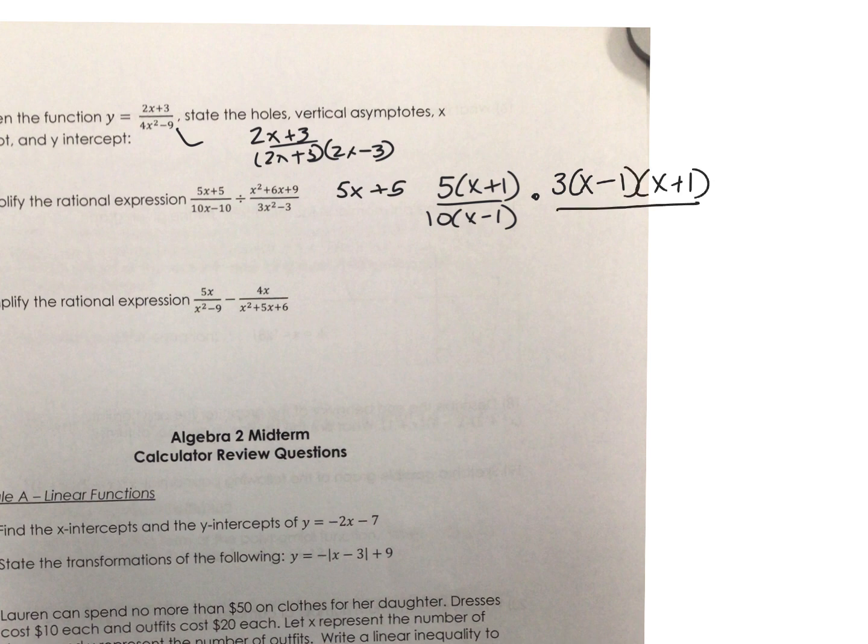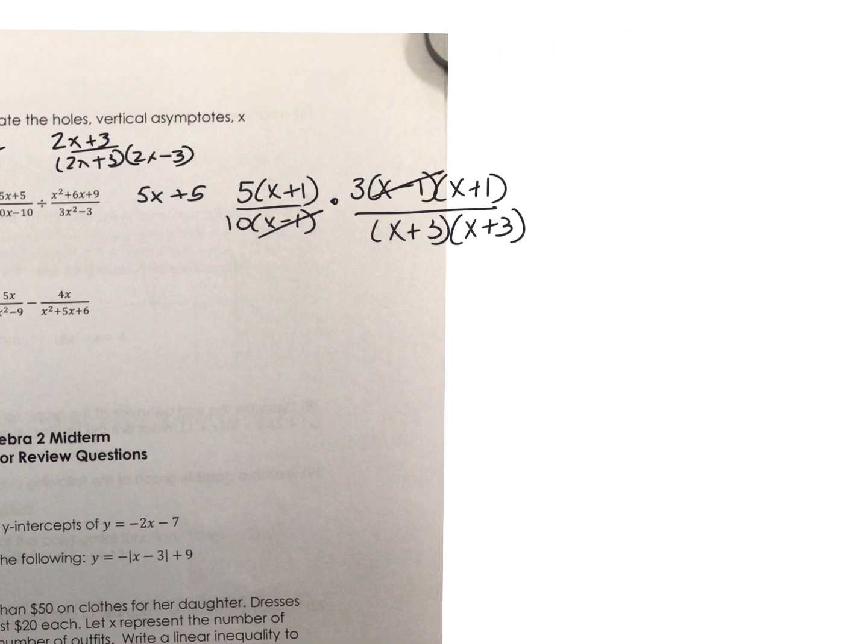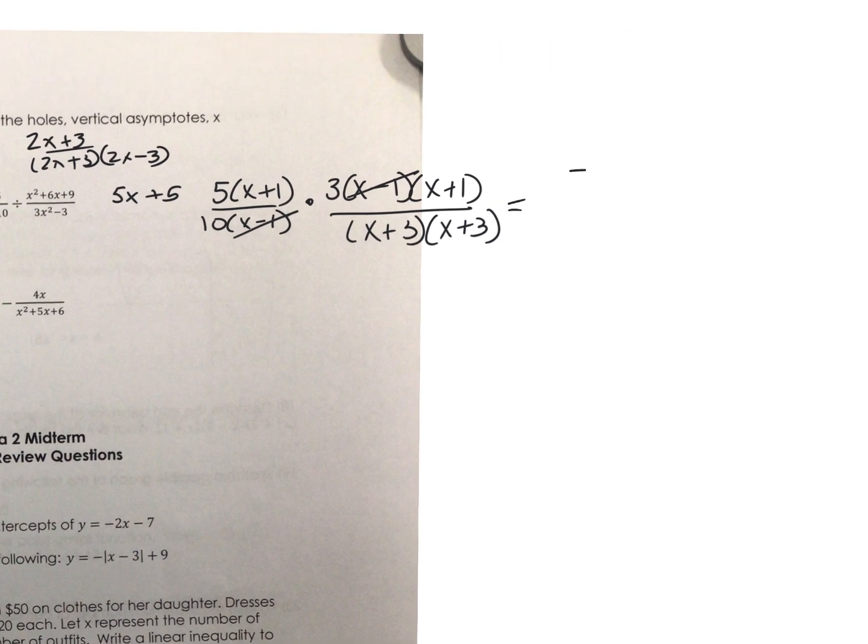And then this will be x plus 3, x plus 3. All right, so now what can we multiply or cancel out? Well, x minus 1s will cancel out. All right, so then we're left with 5 x plus 1 squared over x plus 3 squared.